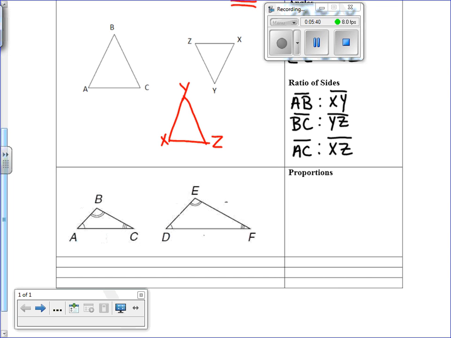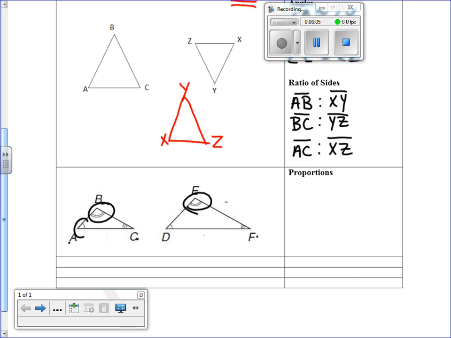Now remember, a proportion is just two ratios. If I have triangle ABC and triangle DEF, looking at these two triangles, it indicates that angle B is the same as angle E. See the two lines there and the two lines there.